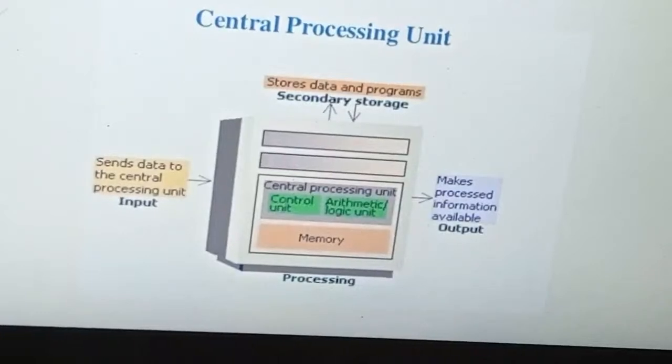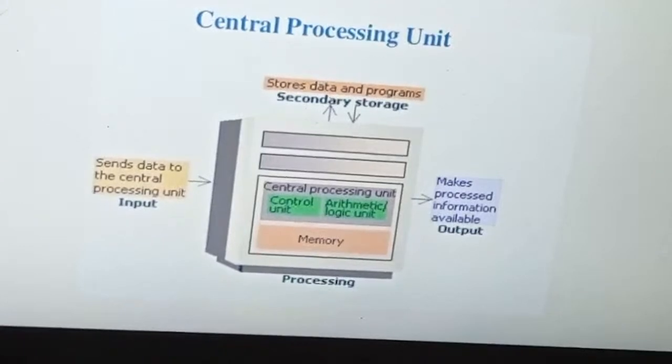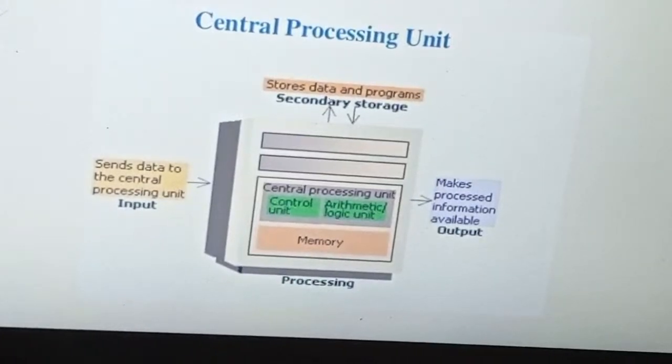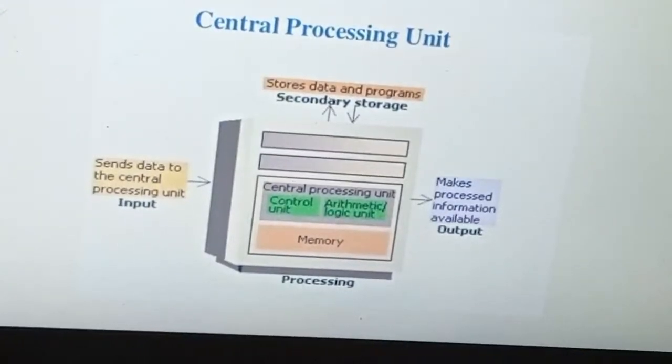Coming to output devices, an output device is any peripheral that displays or reproduces the data, usually from the computer.